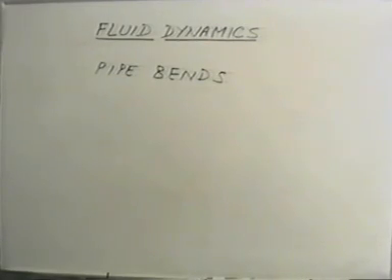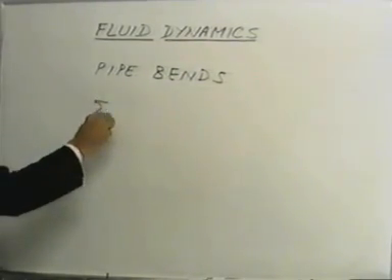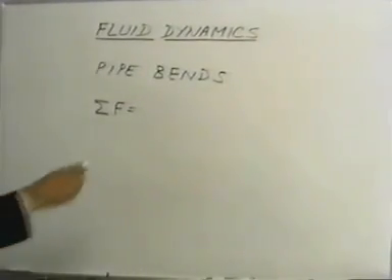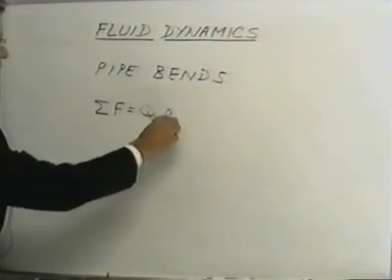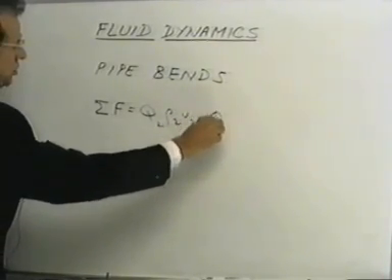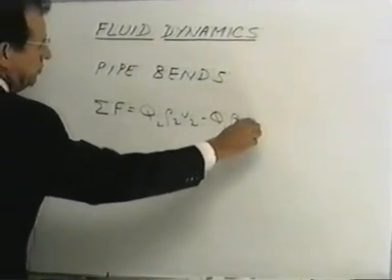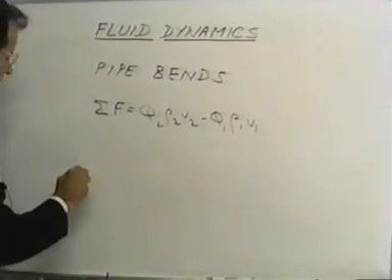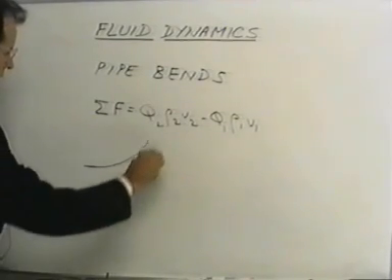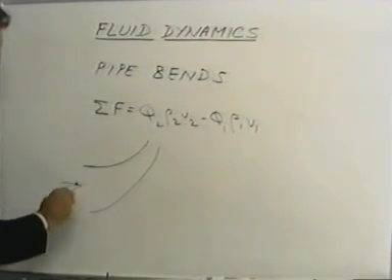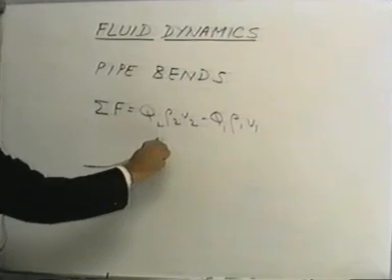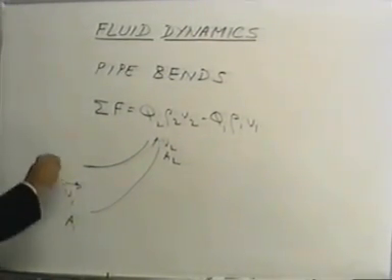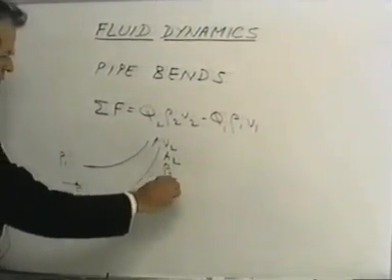We just saw that the impulse momentum principle told us that the summation of forces is equal to Q2 rho 2 V2 minus Q1 rho 1 V1. Now, let's say we have a pipe that does something like this, and it has an entrance velocity V1, exit velocity V2, area A2, area A1, pressure P1, pressure P2.